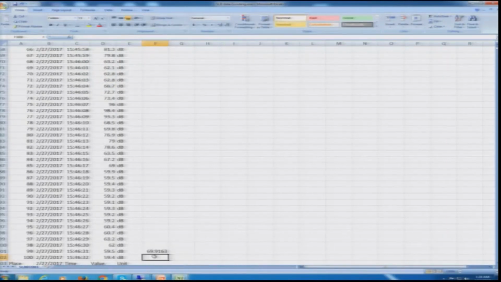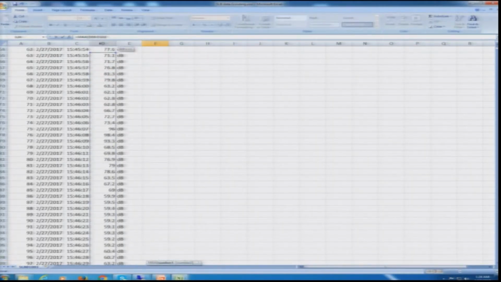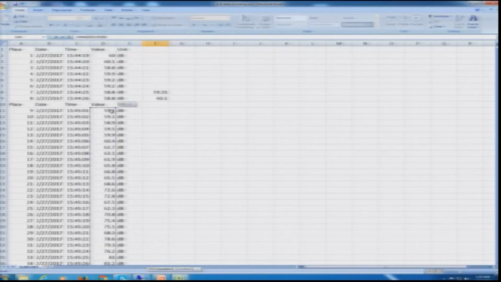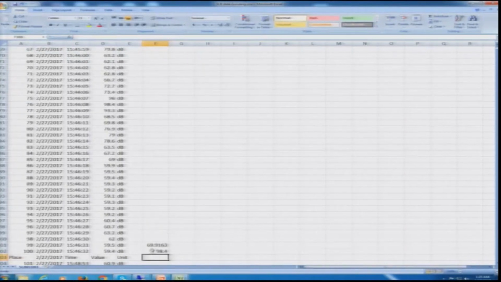Enter, this average is 69. But if I say the peak value, it is high here, about 98. Enter, see the peak value is this much. So these two values are of my interest here. So this was my sound meter output.